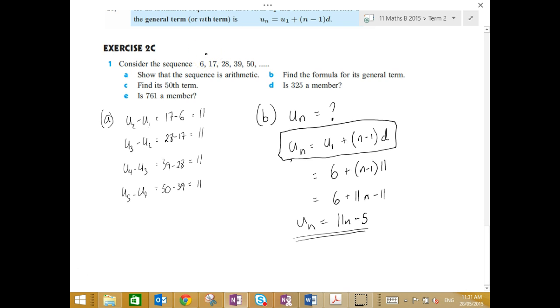To get to the second term, how often do I have to add on that difference? Only once. If I wanted to get to the fifth term, I had to add on 4 lots of 11 from the first term. To get to the 20th term, I'd have to add on 19 lots of 11. So to get to term n, I have to add on 11, n minus 1 times, whatever term I'm up to.